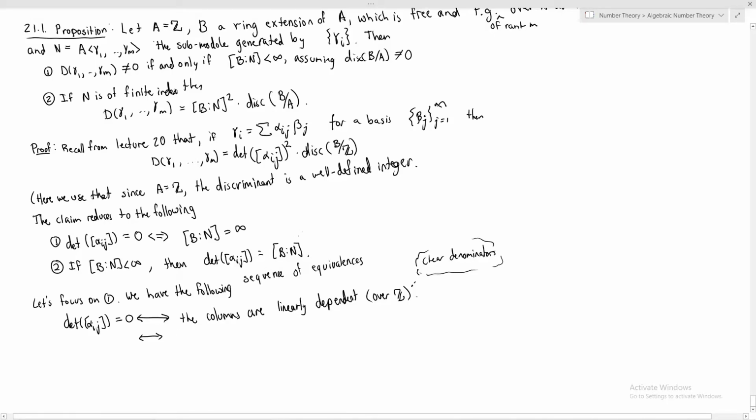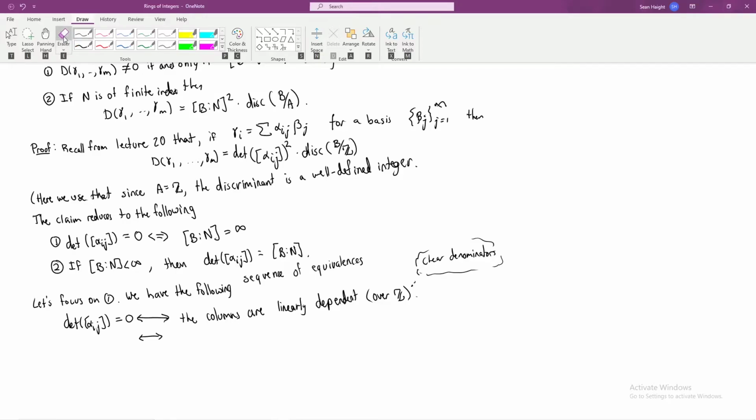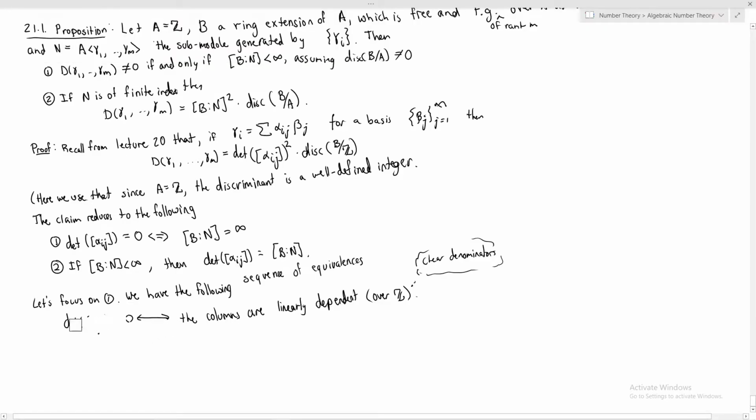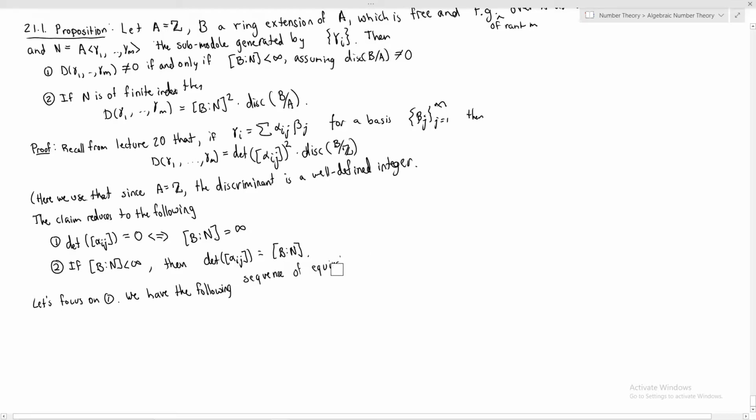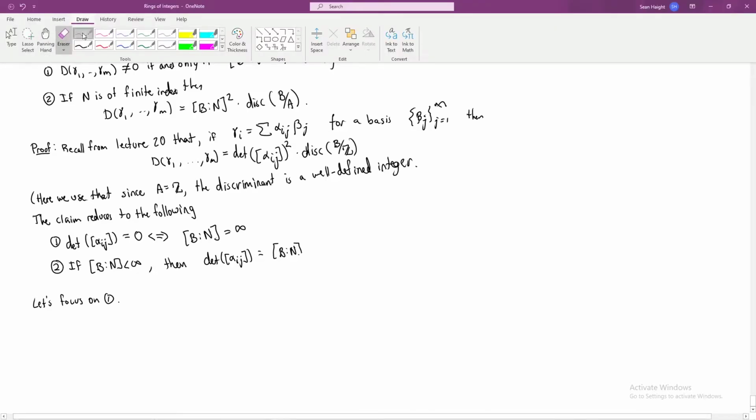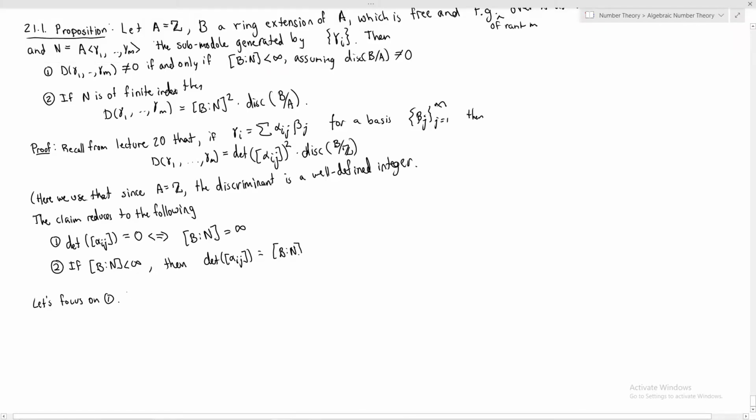Maybe I'll go about doing this a different way, I think, now that I've thought about it a bit more. So let's go ahead and focus on 1. So let's just think what happens if the determinant of these guys is 0.